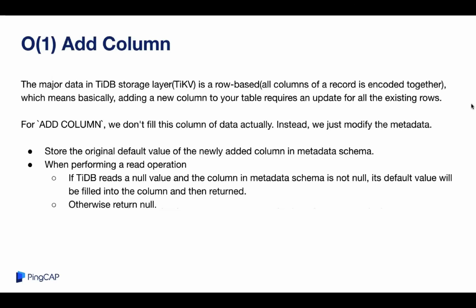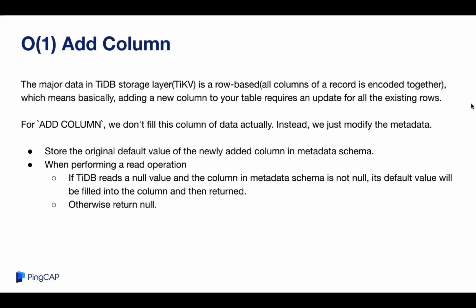So for example, add column. Because the major data in the TiDB storage layer is row-based, all columns of the record are encoded together, which means that if you want to add a new column to your table, it requires an update for all the existing rows. However, for the add column DDL in TiDB, we don't actually fill in all the column data.